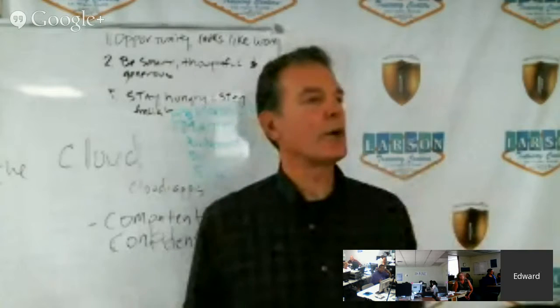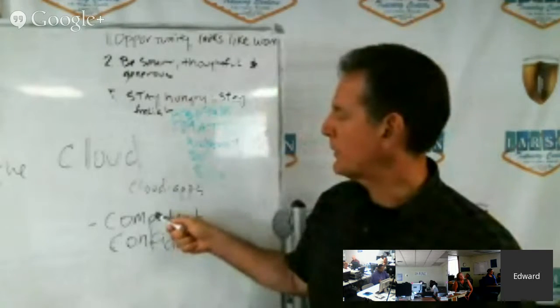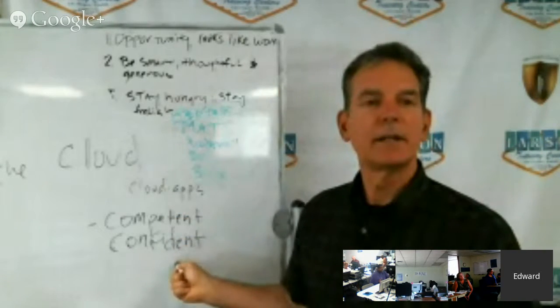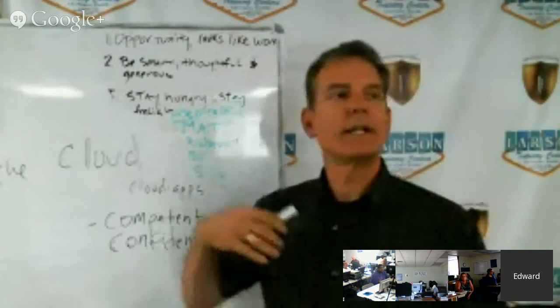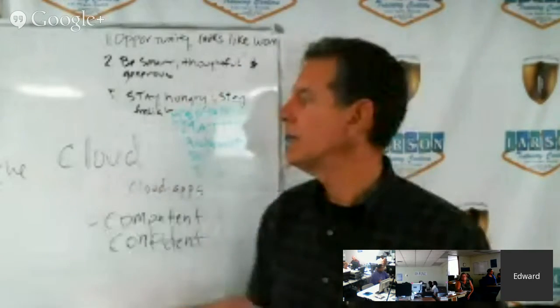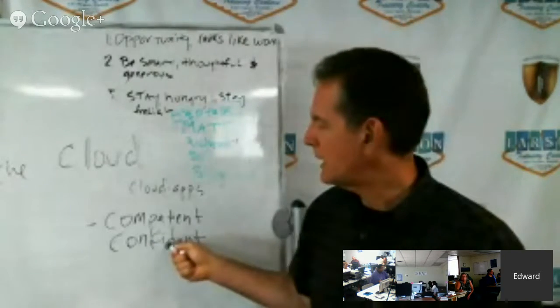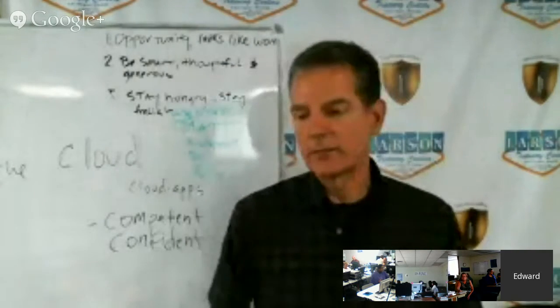Okay, so let's go back to what we're doing here today. Here are two other words: competent and confident. You're competent in the skills, and you're confident in your ability to convince your interviewer that you're competent. But you're also confident in your ability to bring the cloud to that business.